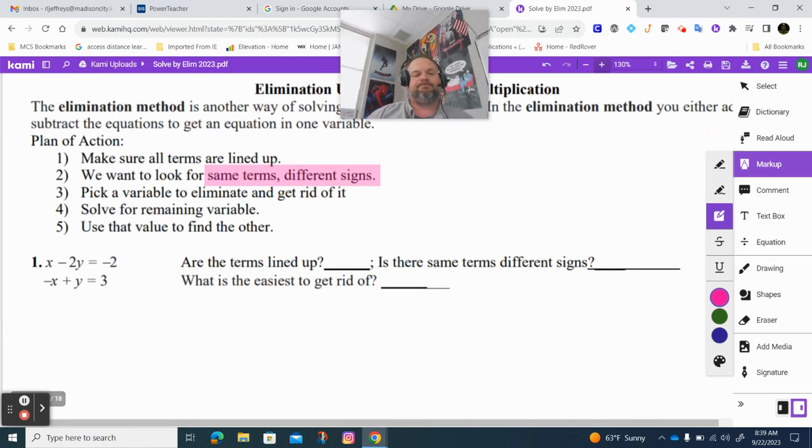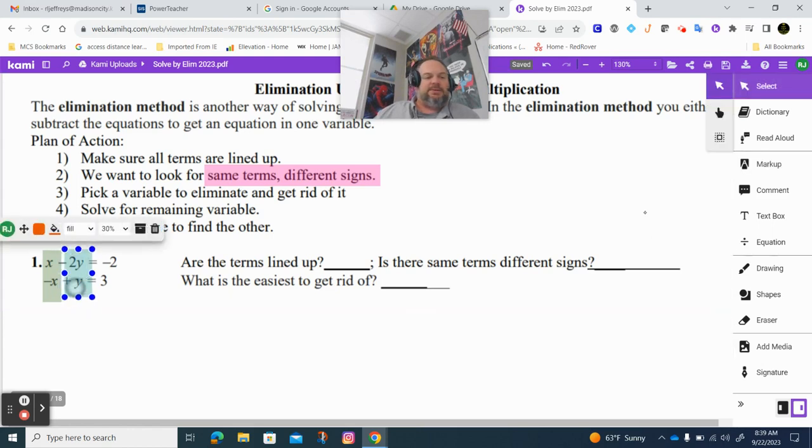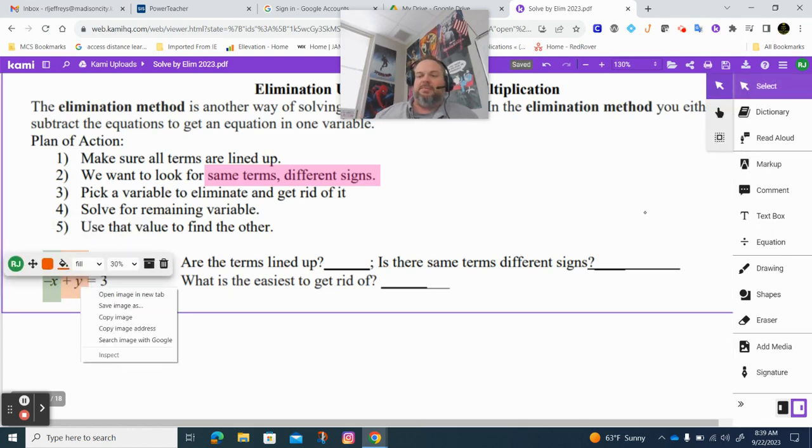So when we're talking about all the terms lined up, this is kind of what I mean. All the x's are in a column, all the y's are in a column.